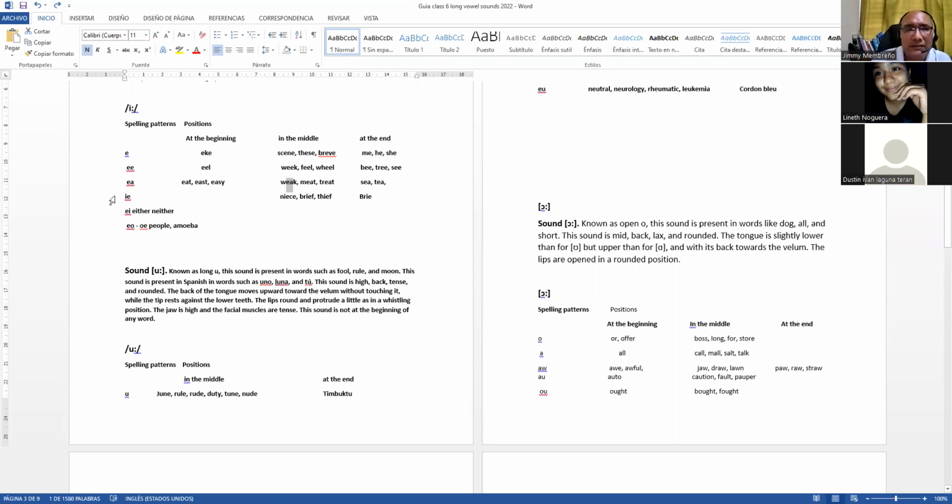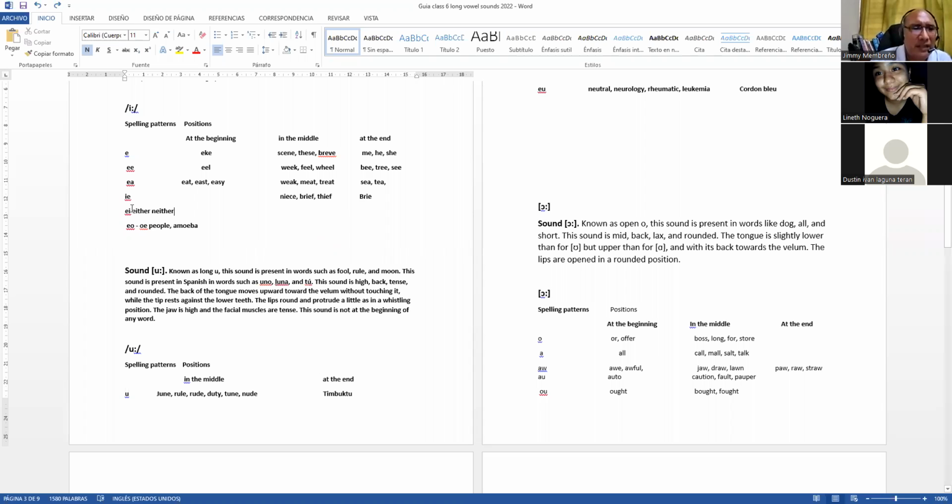Okay. Also, we have the combination or spelling pattern IE. But in this case, the combination IE only goes in the middle and at the end of the words. Like, for example, here, it said knees, brief, thief, and at the end, breathe.